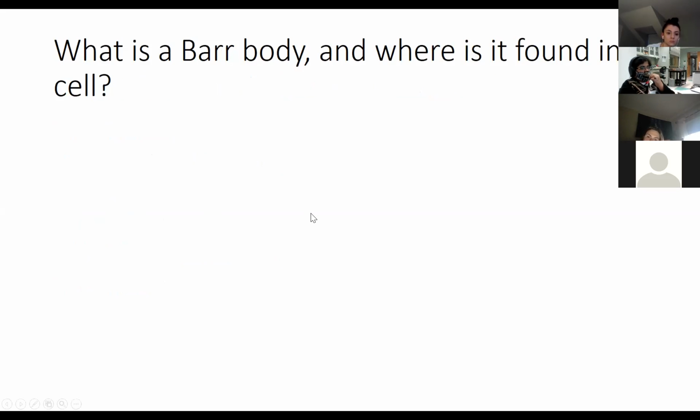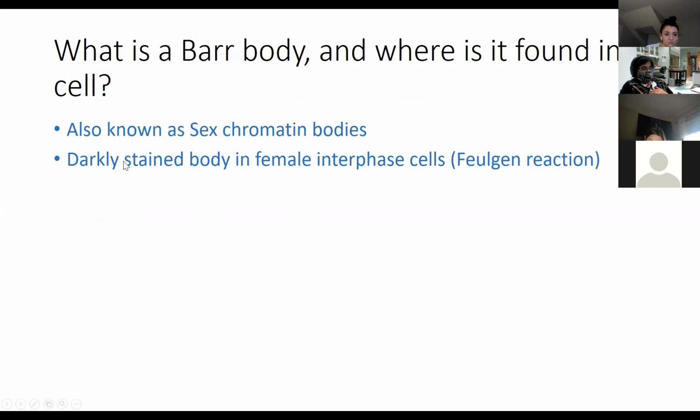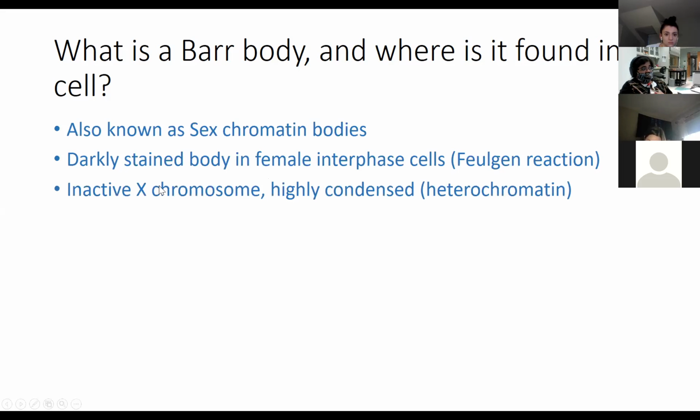So what is a bar body? Where is it found in the cell? Bar bodies are also called sex chromatin bodies. They are essentially darkly stained bodies in the female interphase cells. Essentially a bar body is an inactive X chromosome, okay?